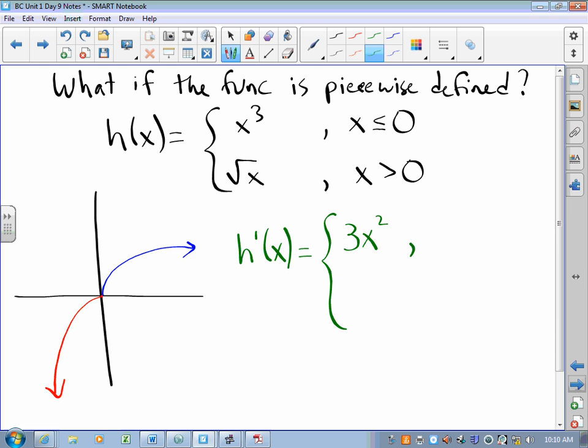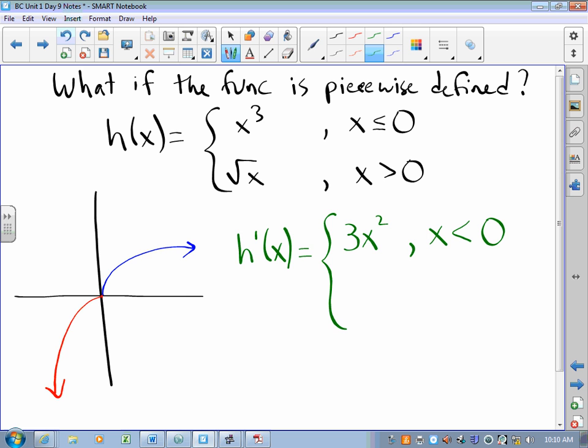We know for certain that that will be true less than 0. We do not know if that will be true at 0. Because if the derivative exists at 0, then the derivative coming from the left has to equal the derivative coming from the right, and we don't know if that's true yet.